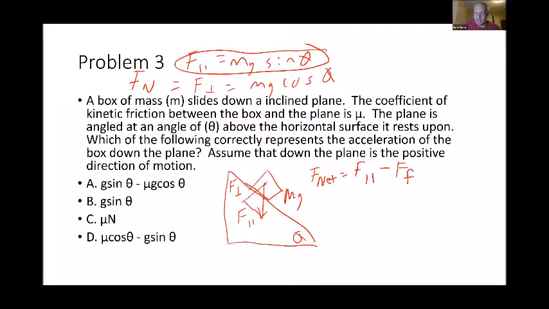We're using that as the negative direction. That's what that negative means. It's acting in the opposite direction as the parallel force. So if we put some symbols on this, our net force is ma, and that's equal to F parallel, which is mg sine theta, minus our frictional force.